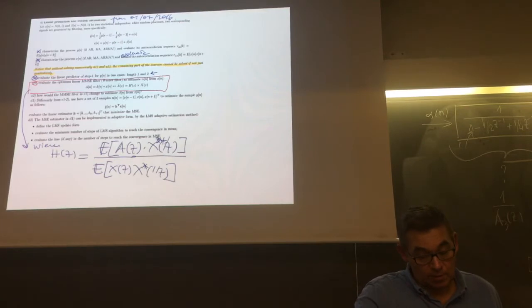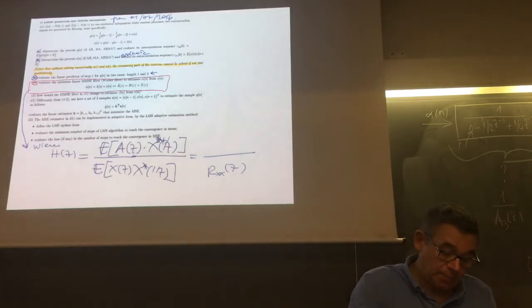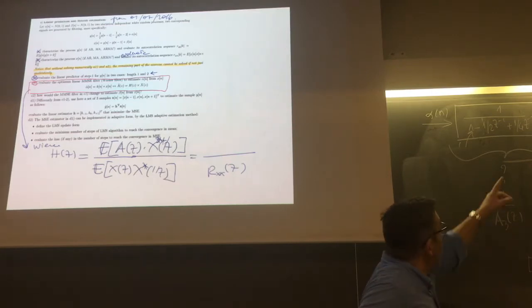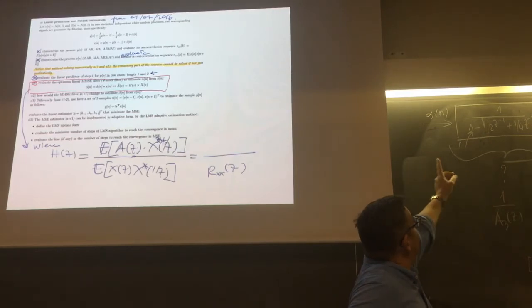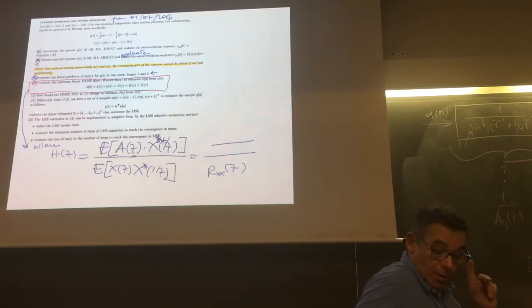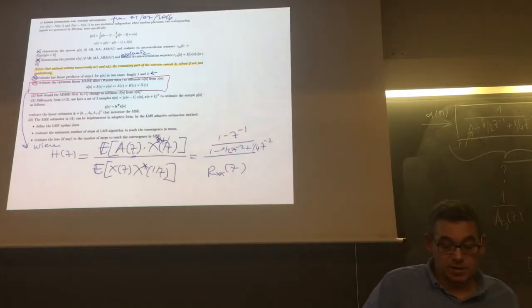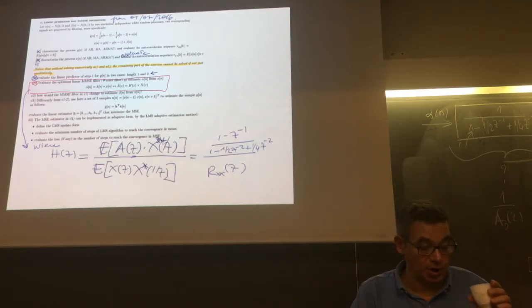The denominator is R_XX(z), which we already computed, and in the numerator I have A(z)X star. X star contains beta, so when I need to correlate this with that, in the numerator I have 1 minus z to the minus 1, and it is 1 minus 1/2 z to the minus 1 plus 1/4 z to the minus 2. This is just to leave you the solution for this exercise for the video. Then you can check yourself.